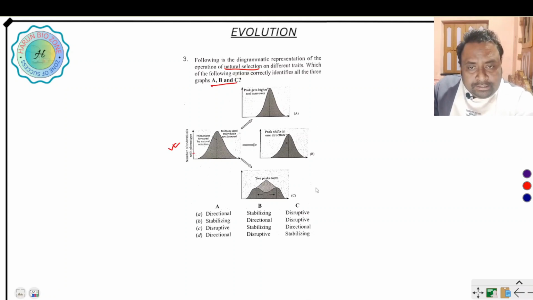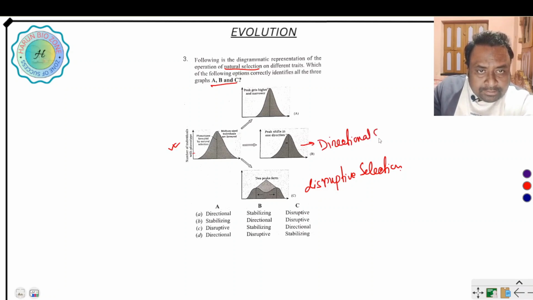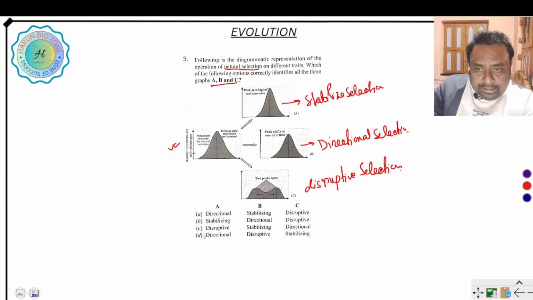This is called disruptive selection. Here it is directional selection. This is called stabilizing selection. The answer is disruptive, stabilizing, directional. B is the correct answer.